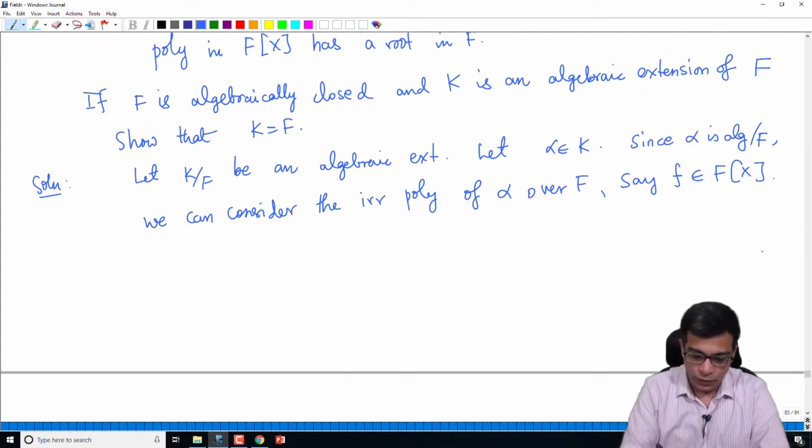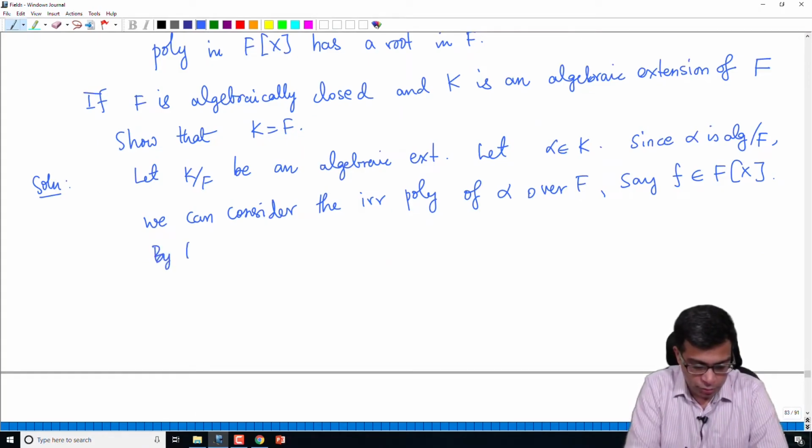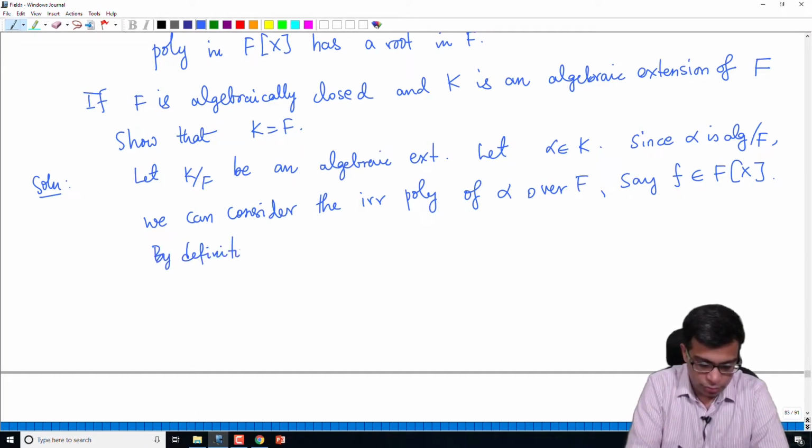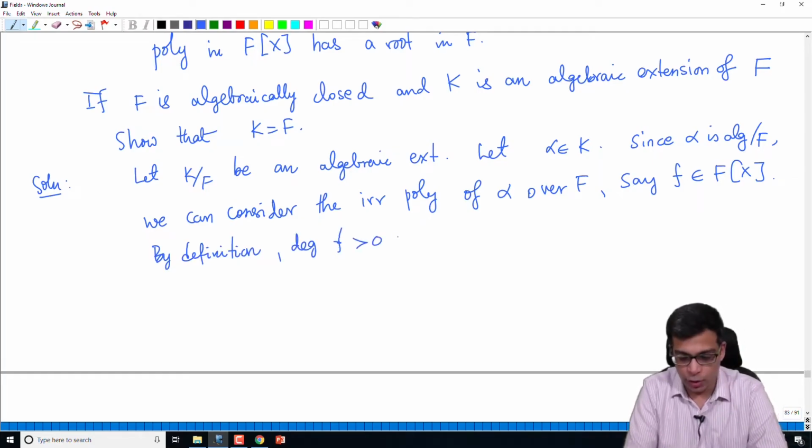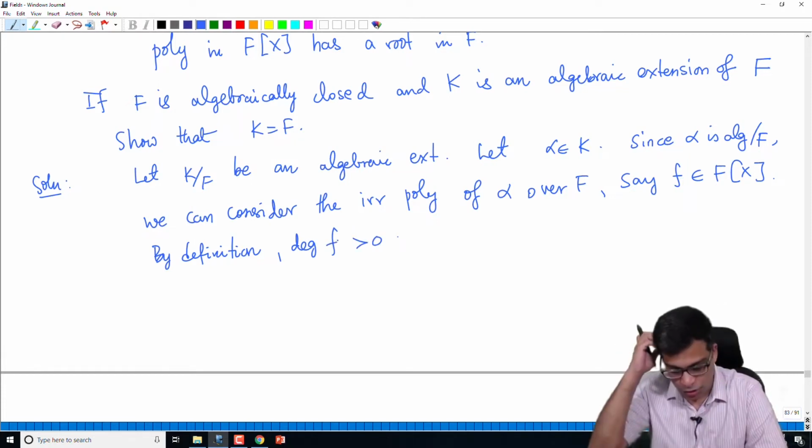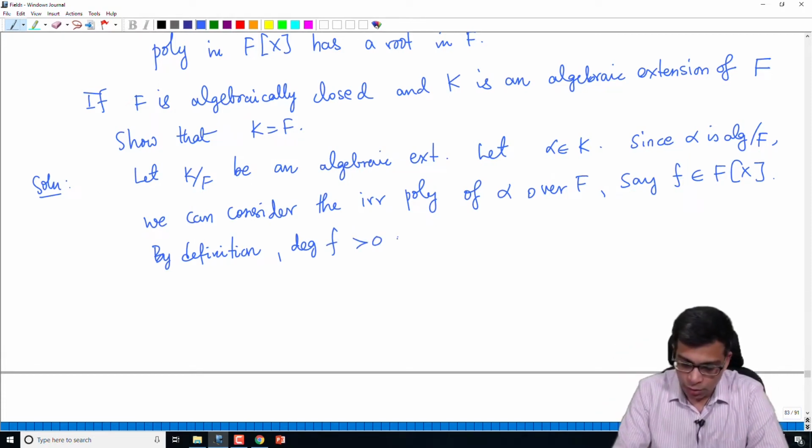By definition, remember, the degree of f is positive because it's an irreducible polynomial, so that means it is a positive degree polynomial. And f is irreducible in capital F[x].